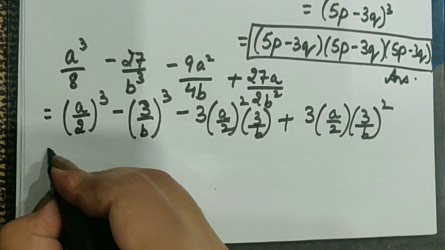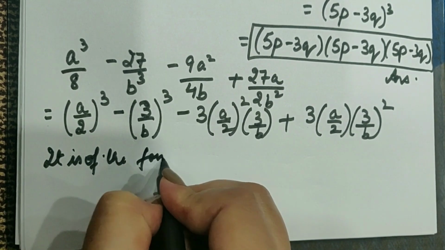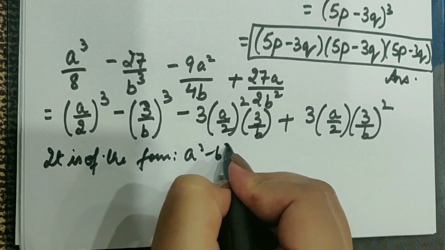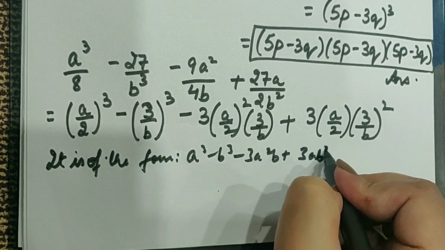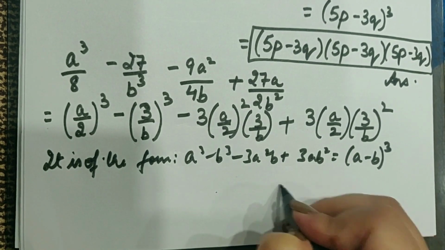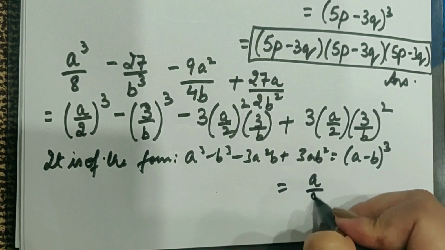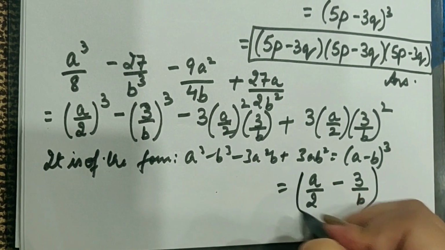So it is of the form a^3 − b^3 − 3a^2b + 3ab^2, which is equal to (a−b)^3. So this will be equal to (a/2 − 3/b)^3.